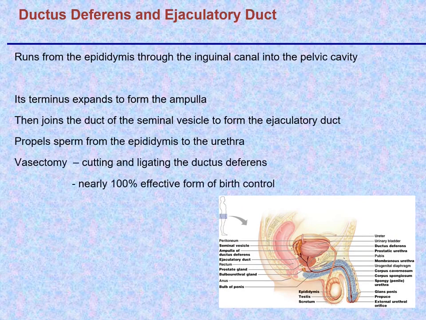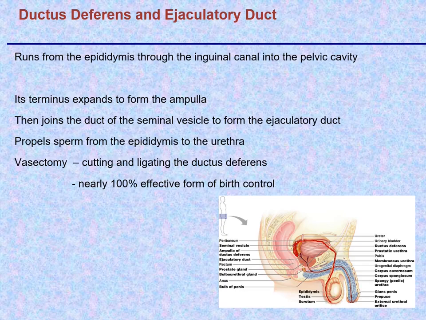That epididymis goes on, and I'll point to where it happens. It ends here at the base, and then it goes into the ductus deferens, which travels up here, up the spermatic cord and over the top of the bladder, and the very end of it is this enlarged area called the ampulla.